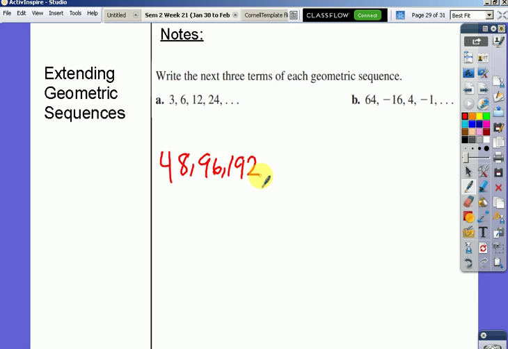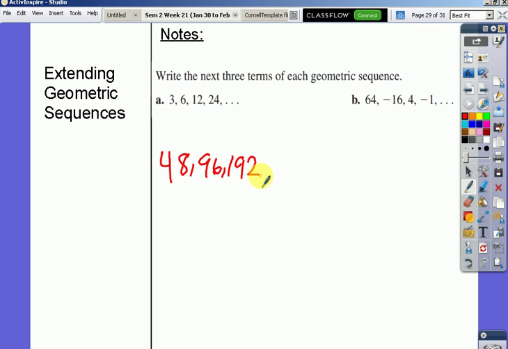Alright. B is a little trickier. You see that it's alternating between positive and negative. So that is usually a clue that we will have a negative common ratio. What is that common ratio for B? Negative 1/4. Perfect.